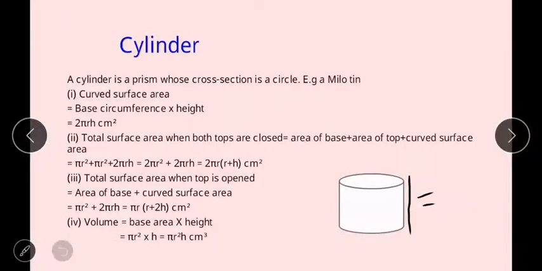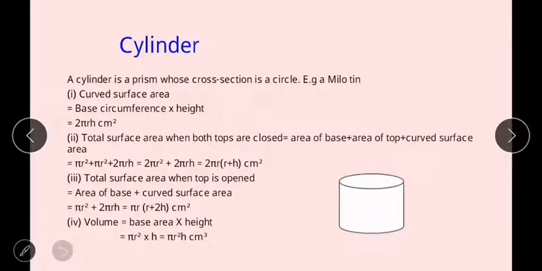Are we together? Now, how do we calculate the total surface area when both tops are closed? When both tops are closed simply means when you have not opened your melotin. You know, there is no way you can open the melotin from the bottom. Okay? You only open from the top.